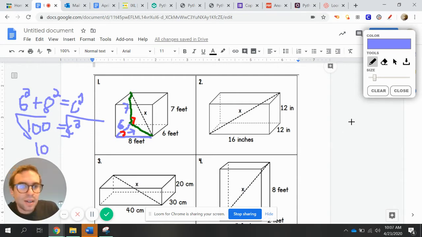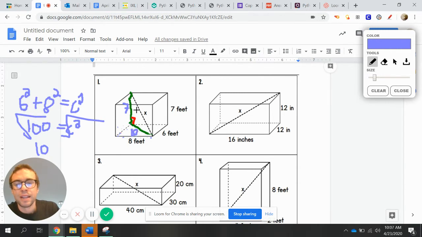So now I know, let me erase this real fast. Let me get rid of all these numbers here and these arrows. Okay. So now I know that the hypotenuse that we just found is actually 10.